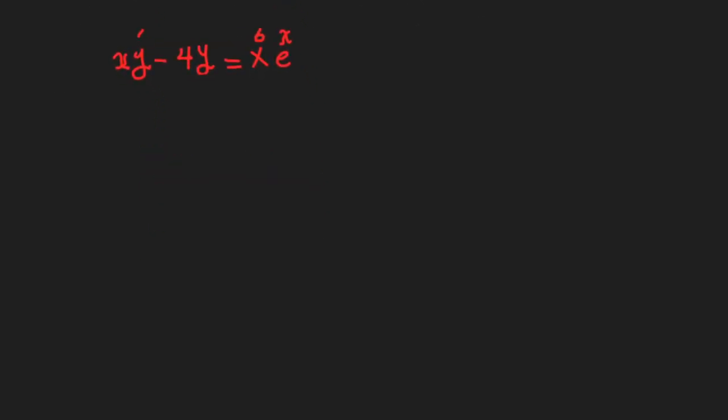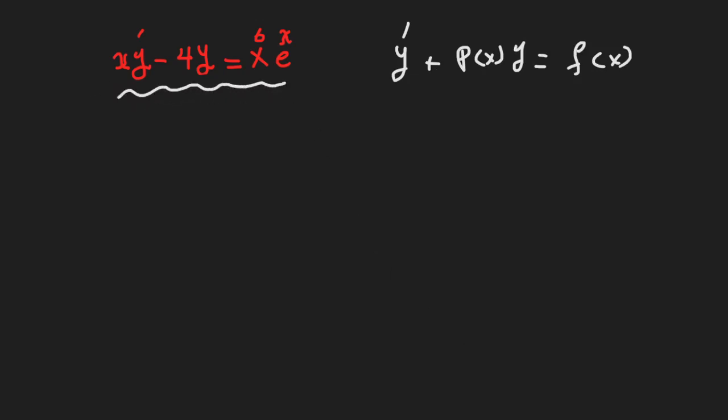So this is our first example, but this example is not in the standard form because there is an x here. We said that in order to be in the standard form we need to have it in this form: y dash plus b of x times y equals f of x. So we need to divide this equation by x.